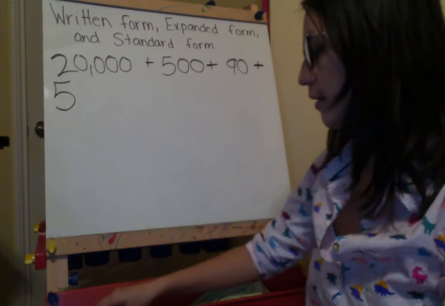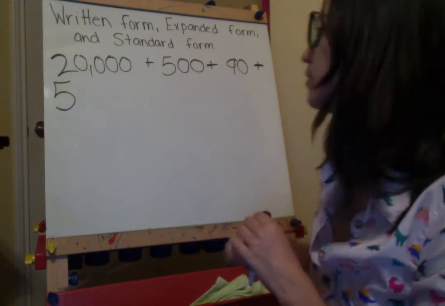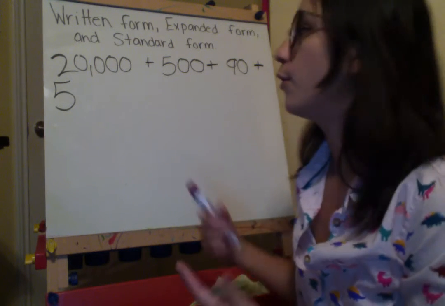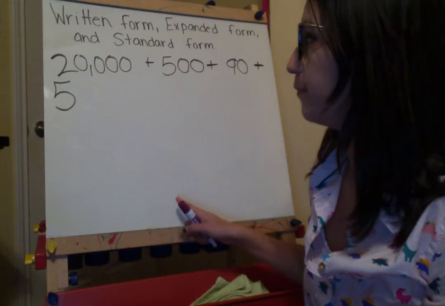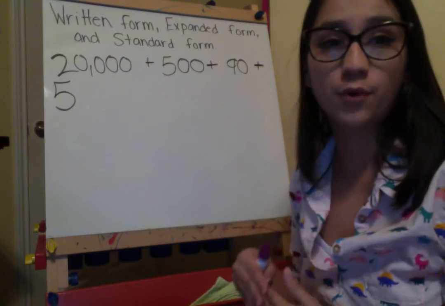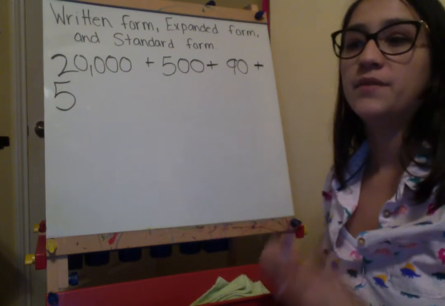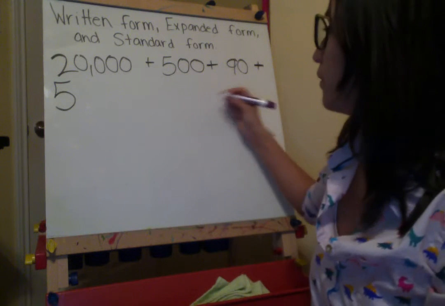So the first thing we're going to do is set up our place chart again. So like I told you before, we could go straight to written form, but I think my go-to is always going to be going to standard form first. If you want to do it differently, that's fine. That's just my go-to.